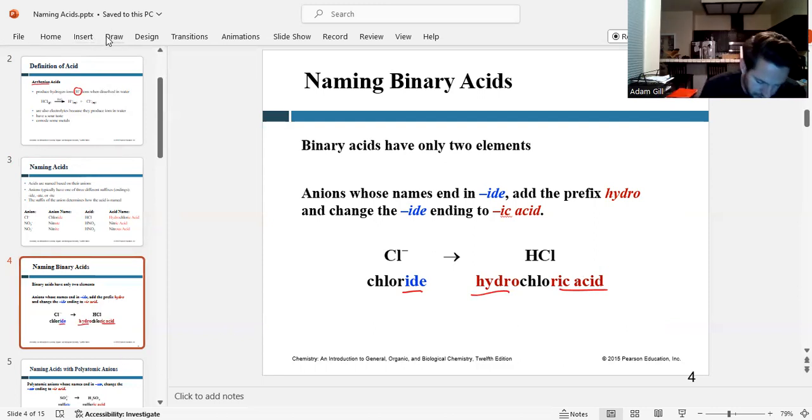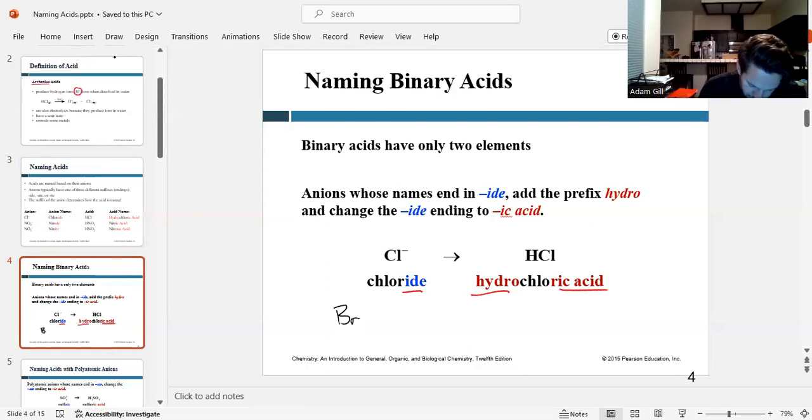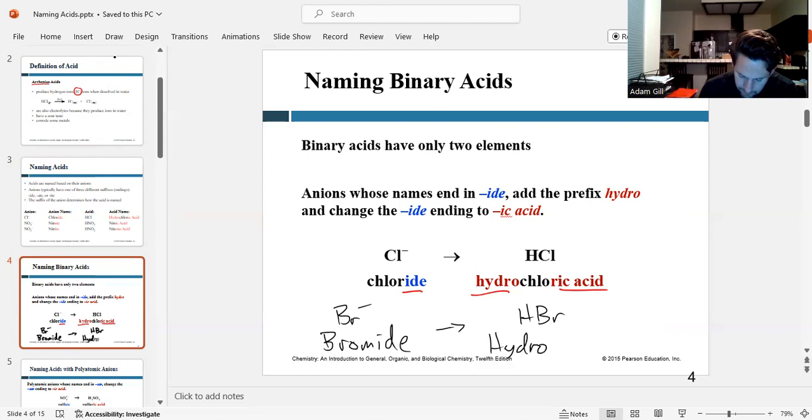Another example of this, let's say we have Br minus. This would be bromide. And so the corresponding acid, HBr, we would name by using the prefix hydro, and then we would take the brom and add ic acid. So bromide versus hydrobromic acid.